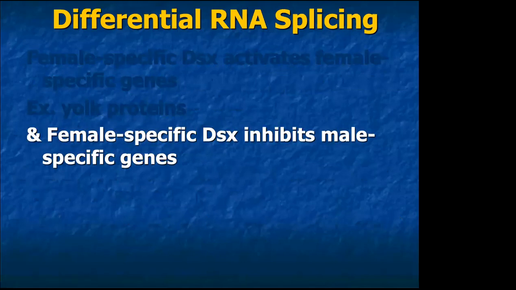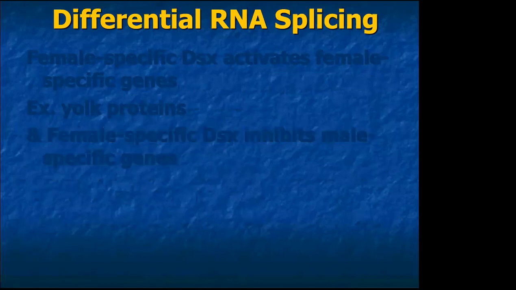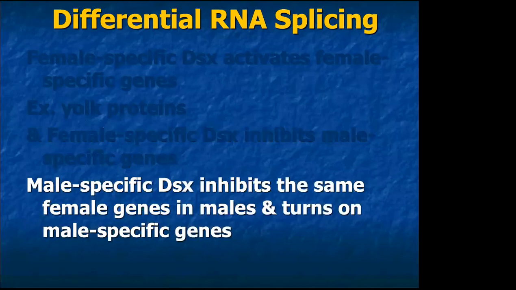So you're going to turn on female-specific and turn off male-specific genes based upon the double-sex protein. Male-specific double sex inhibits the same female genes that the female-specific one was turning on. It's going to inhibit those and instead is going to turn on the male-specific genes.